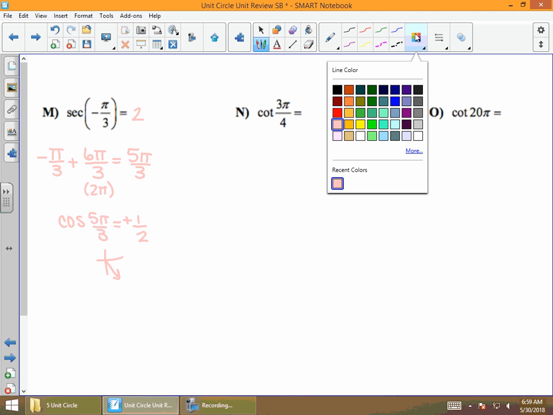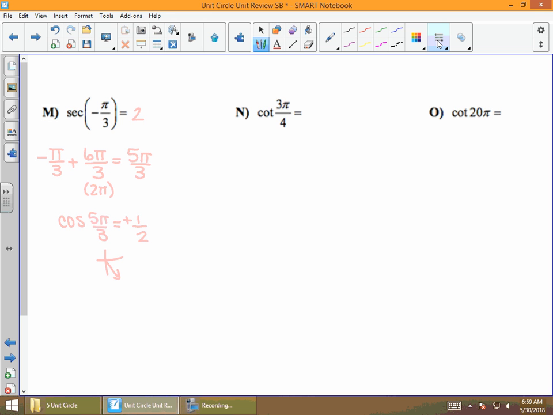Next. Cotangent of 3 pi over 4. At all of our pi over 4s, cotangent and tangent are either 1 or negative 1. 3 pi over 4 is in our second quadrant, and in the second quadrant, cotangent and tangent are negative.